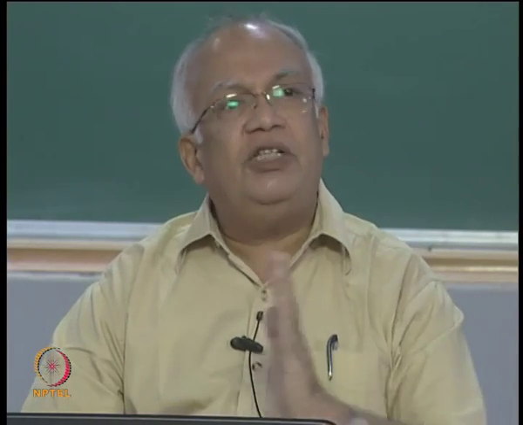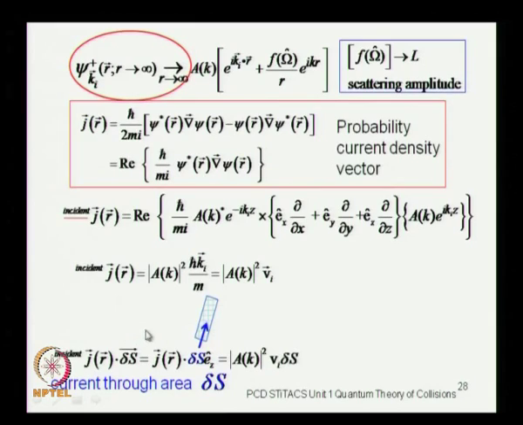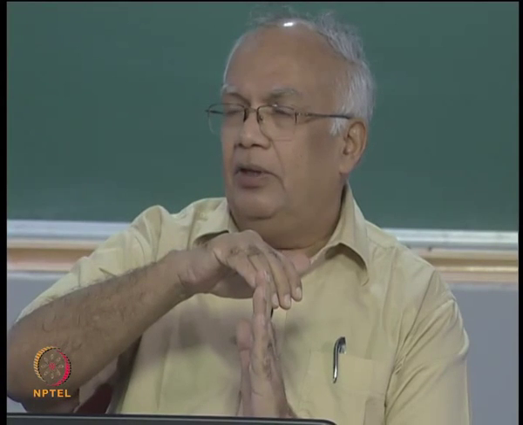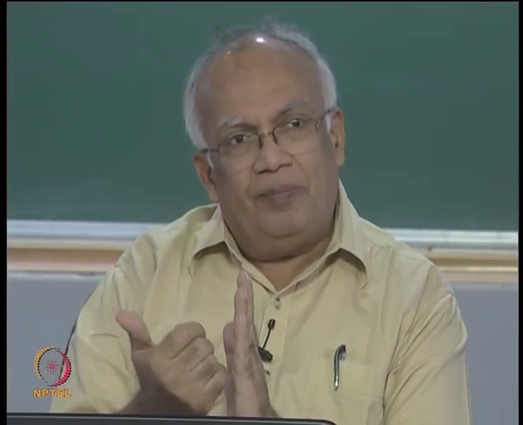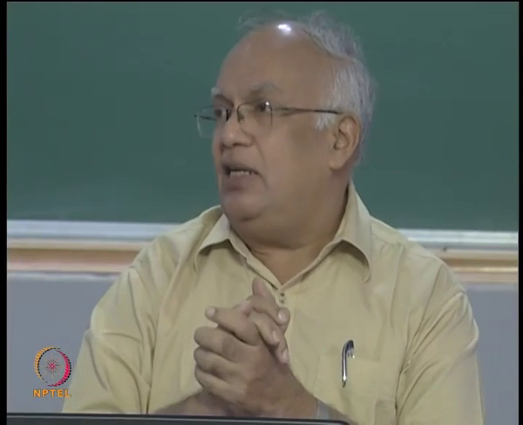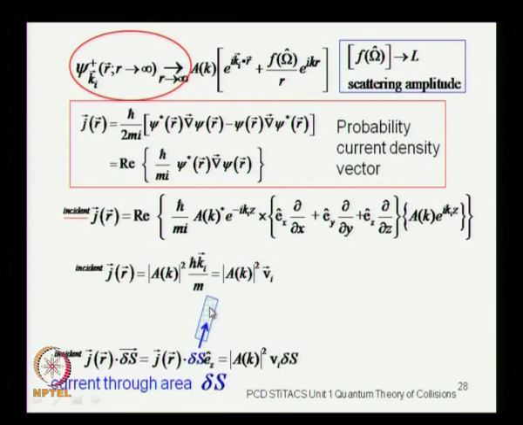So, what is the flux which is crossing a cross section area which is delta S, and you consider this delta S to be orthogonal to the direction of incidence. So, you will represent this area as an elemental vector area with a direction pointing in the same direction as the incident beam. Okay. So, this is the area, and we examine what is the current through this area.